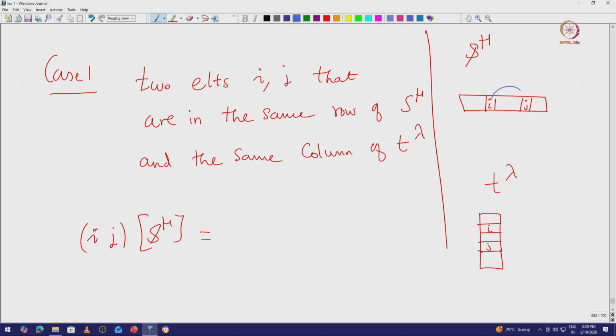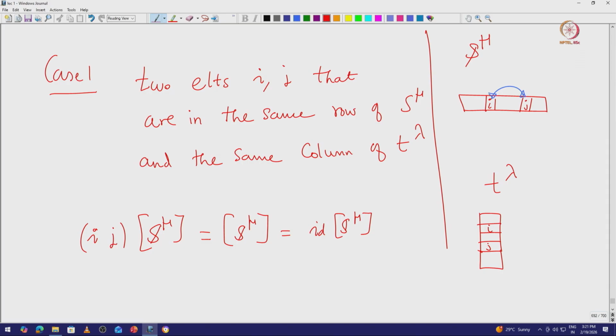This transposition will interchange i and j, but up to the equivalence relation of tabloids, it does not change the equivalence class. So we get S mu again. This means ij applied on S mu is the same as the identity applied on S mu.